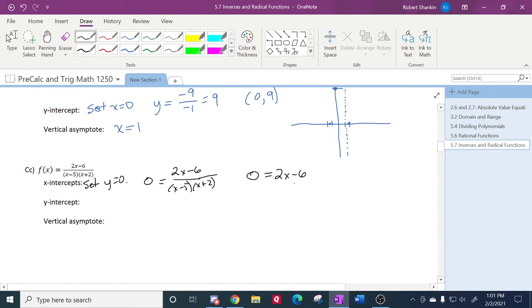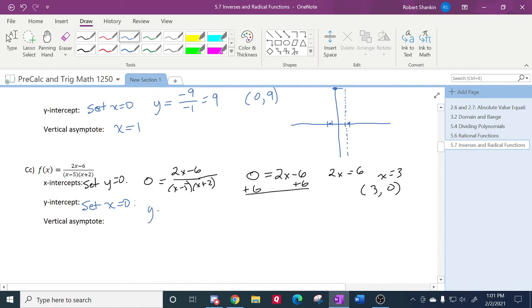And then I'm going to solve this. Divide by 2. So 3 comma 0 is the x-intercept. Go to the y-intercept. Set x equal to 0.